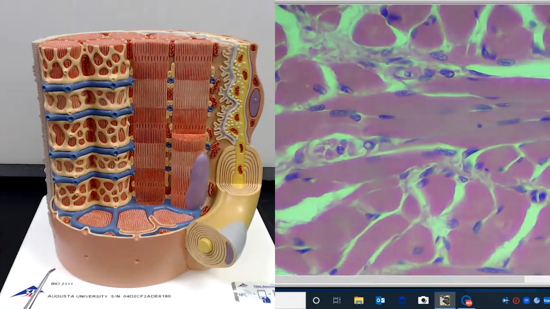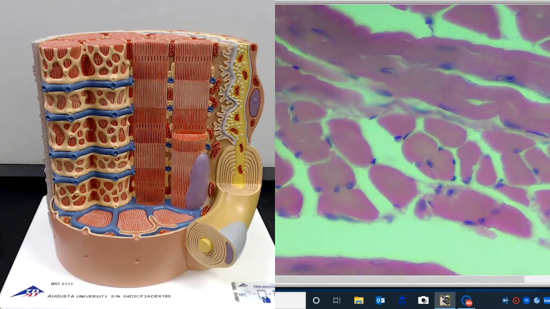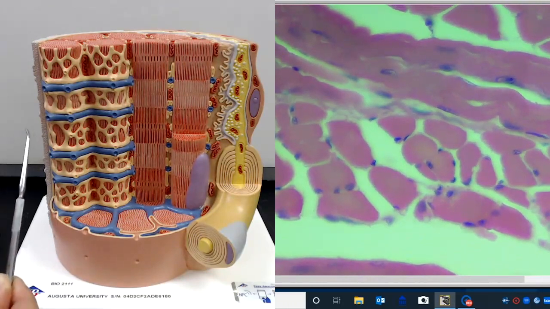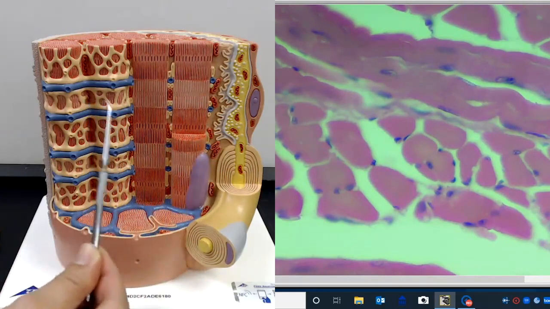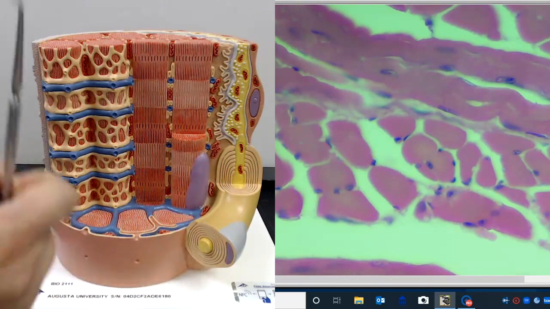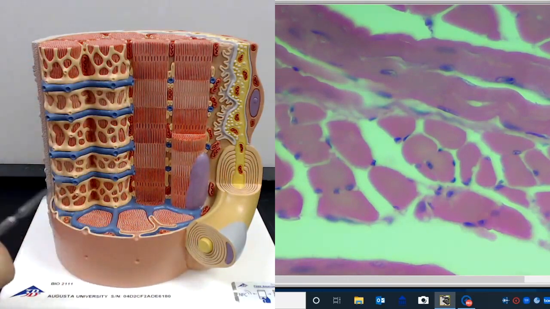The striations come from the contractile portion of the muscle tissue, and that's called the sarcomere. The striations are actually light bands and dark bands that give the muscle tissue its striped appearance.